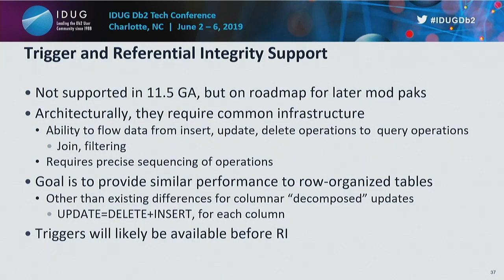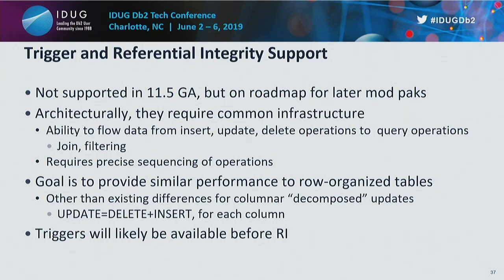Another feature coming is trigger and referential integrity support. This again is not in 11.5, but it's on the roadmap. We mention them together because architecturally they're going to share a common infrastructure, which is the ability to flow data from insert, update, and delete operations to query operations.